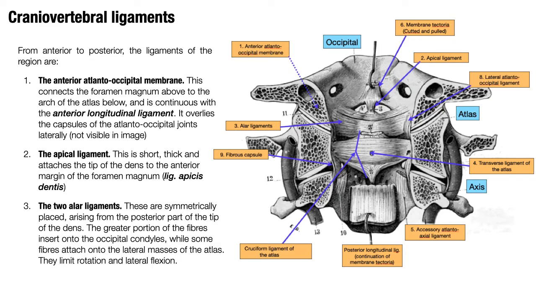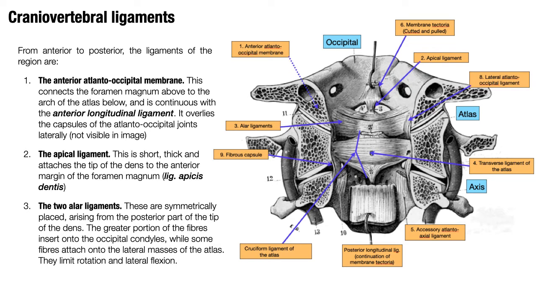This ligament is connecting the foramen magnum, the big hole in the occipital bone, to the arch of the atlas. And we'll continue with the anterior longitudinal ligament down the whole spine, and you'll understand because you will see this ligament later.